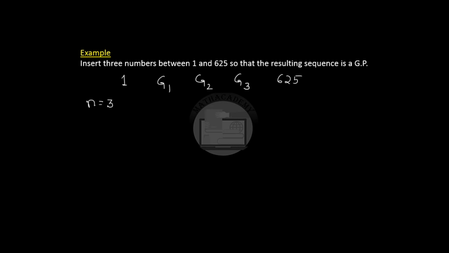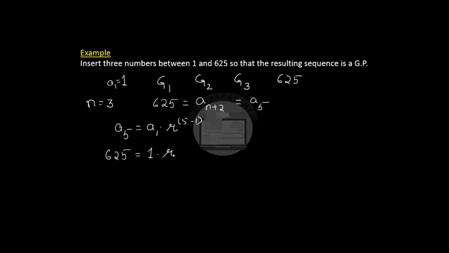So n is the number of geometric means, and hence 625, our last term, will become the n plus 2th term. So it is basically the 5th term, A5. A5 can be written as A1 times r to the power 5 minus 1, r to the power 4. So 625 is equal to A1, which is 1, times r to the power of 4.